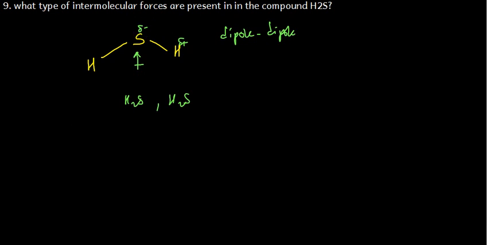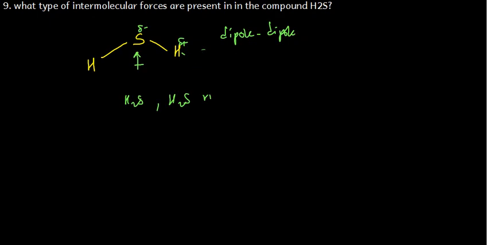Because of this, when another same compound comes, the sulfur which is negative will be in this manner, and then the hydrogen which is positive will be in that direction. So these are going to attract each other. That will be the intermolecular force dipole to dipole, the interaction between one dipole and another dipole.